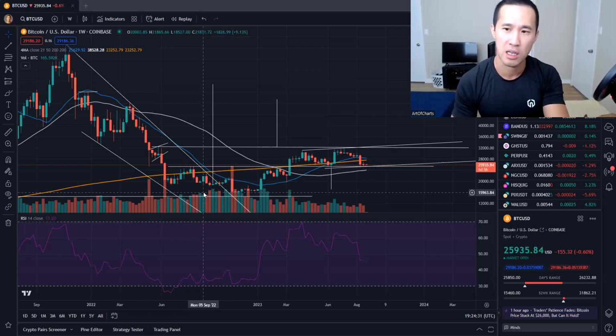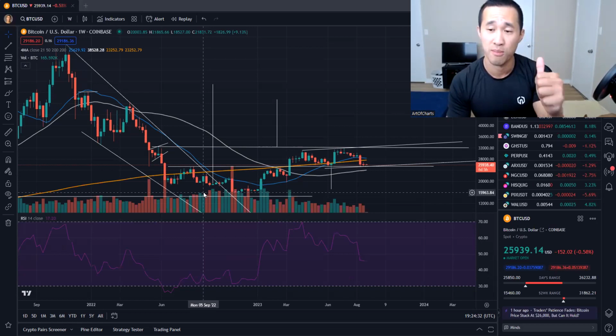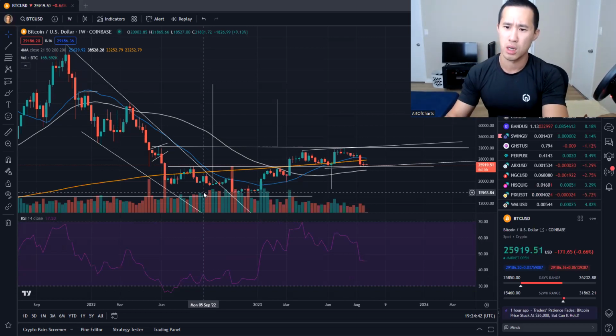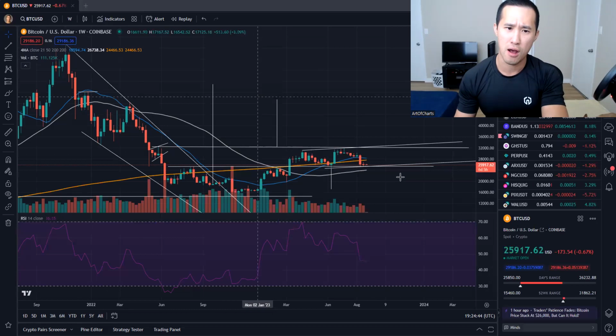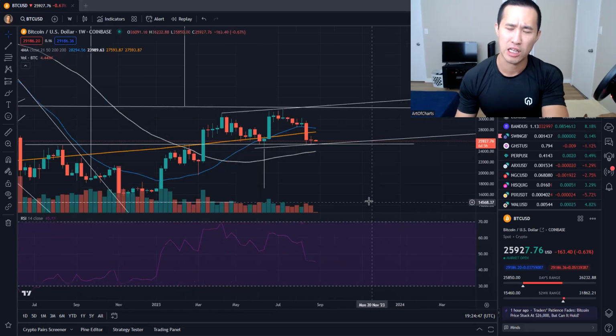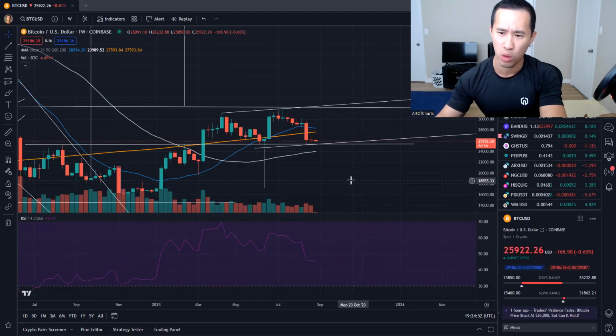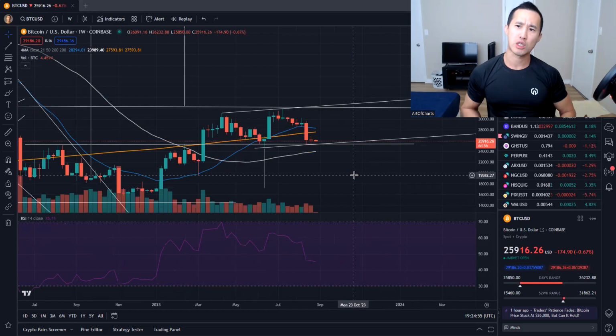So I am basically back on the sidelines in terms of Bitcoin and Ethereum, but I am long on some big altcoins. That's not Uniswap, but other altcoins. And I am looking for a signal to get back in with some of my positions that got delisted, but we'll get the funds back. So that's what I'm looking at.